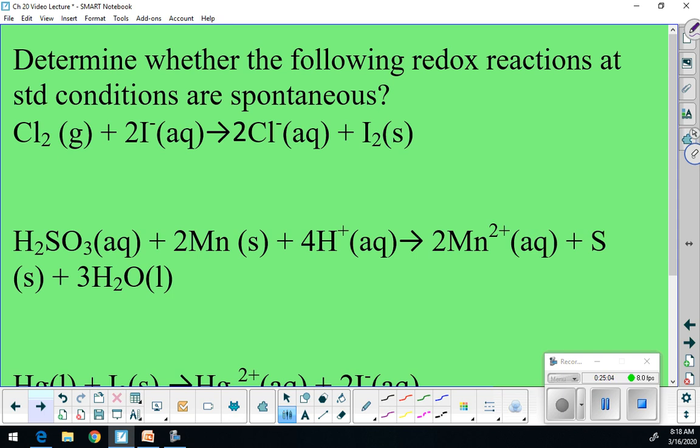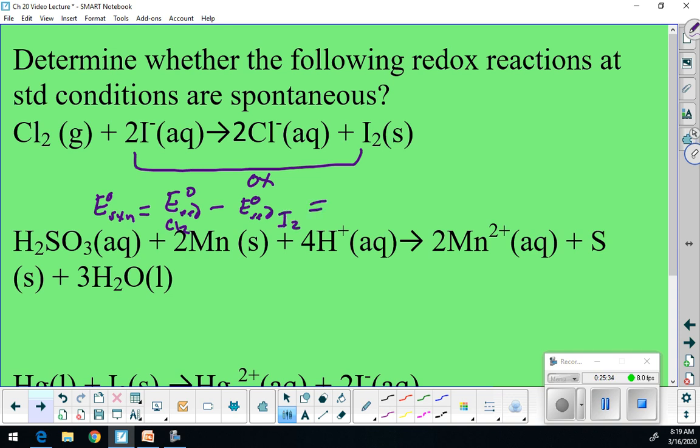Okay, cool. All you have to do is look and check out these things. So what is happening here? My I is oxidizing, so that means my E for the reaction is going to be my standard reduction potential for my chloride minus my standard reduction potential for my I2.